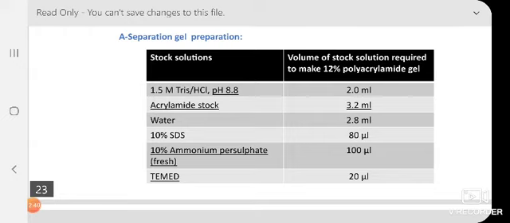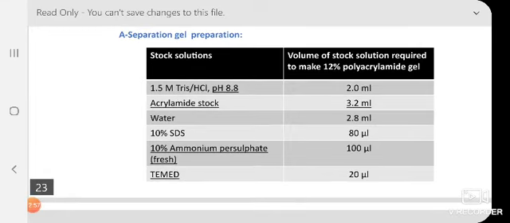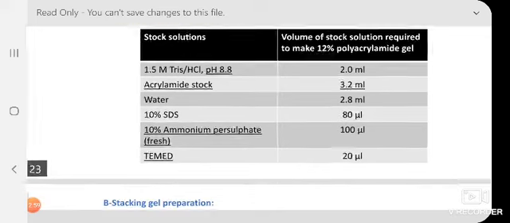So the gel contains Tris-HCl, remember pH 8.8, and we are polymerizing acrylamide, bisacrylamide, TEMED, APS, water, all these things are given, and the percentage I am casting here is 12%. It varies 10 to 15%.